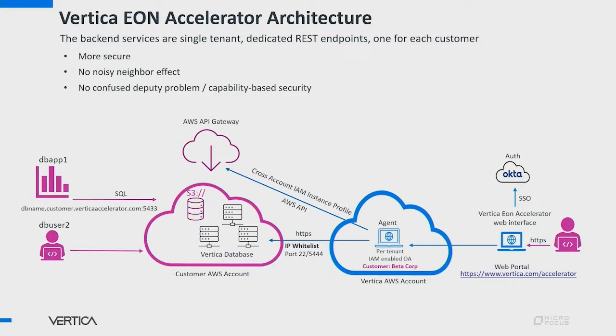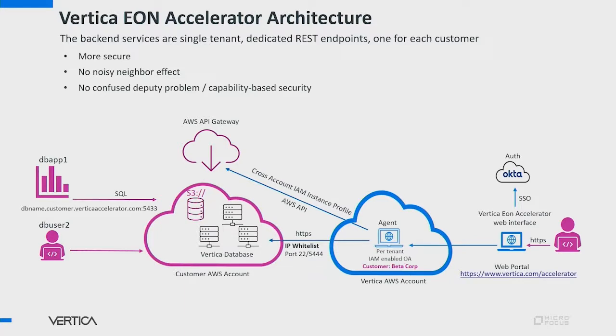And there is no confused deputy problem, where if there's a bug or a mistaken identity, the action gets executed on a different account. An agent is single tenant, and therefore there are no commands being run on the agent that are not issued by the corresponding customer. So this is essentially our way of ensuring capability-based security.